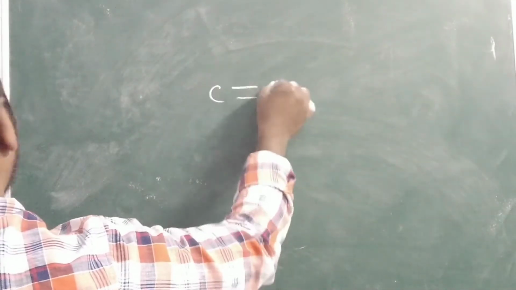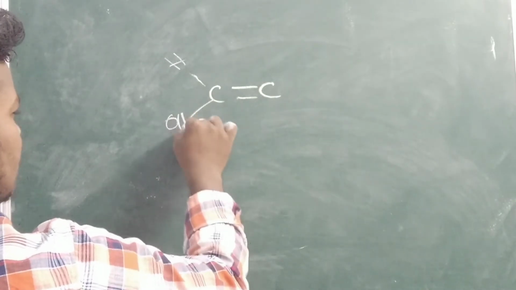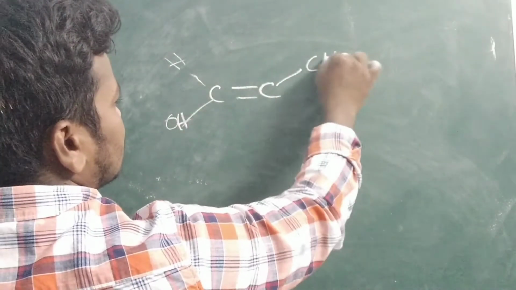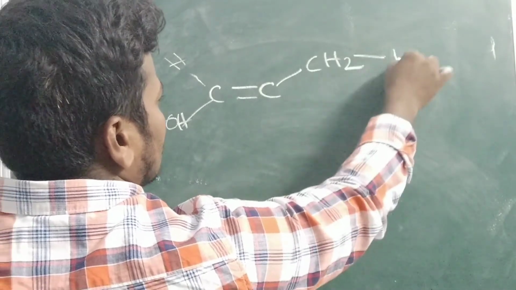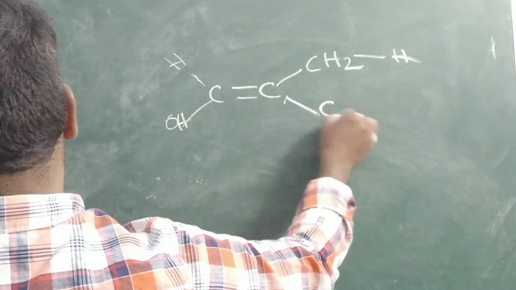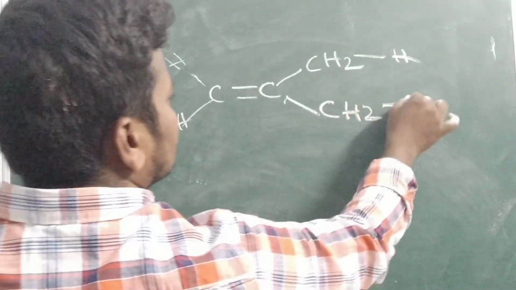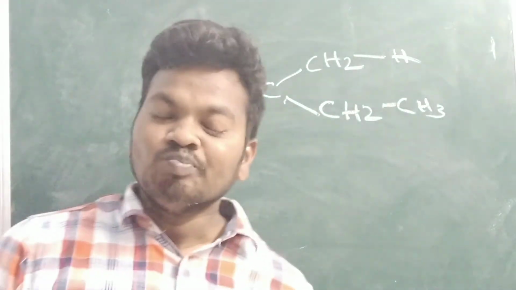So that time we can see. Carbon to carbon, hydrogen, OH, CH2, hydrogen, CH2, CH3. What is our rule?